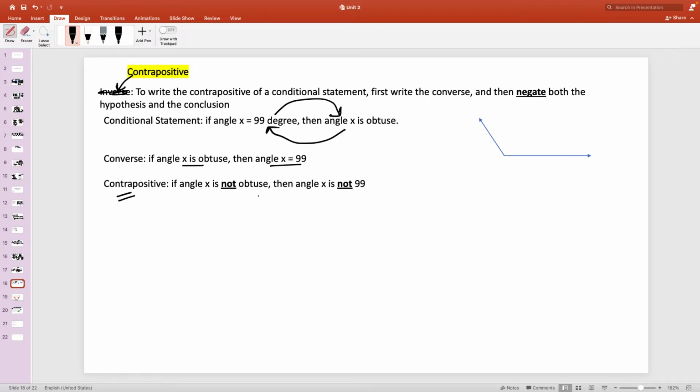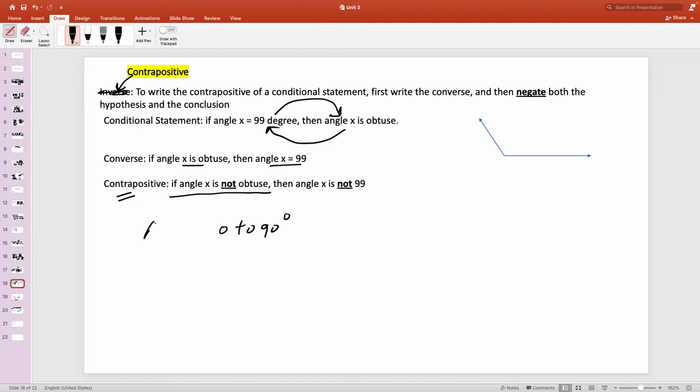Now let's evaluate if this is true all the times, or maybe we can find that it is actually false in some situations. So now let's first focus on if angle x is not obtuse. Not obtuse means what? Either it's an acute angle, which means it has to be between 0 to 90 degrees, right?